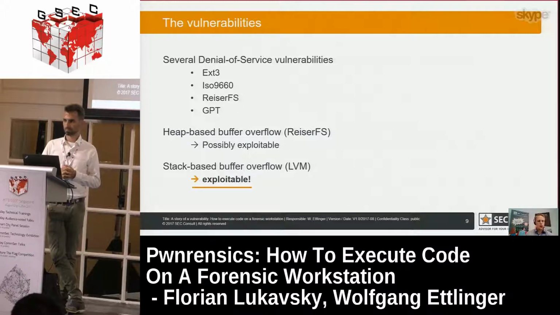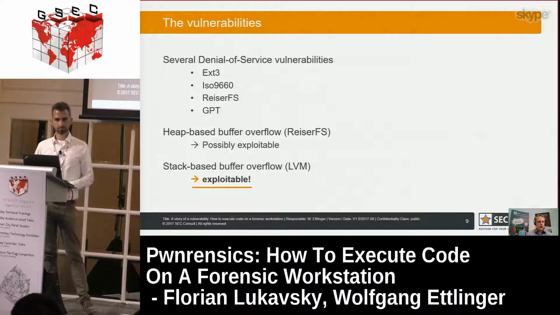An attacker, or a suspect, could potentially manipulate a disk image in a way that when a forensic investigator tries to parse one of these images, EnCase Forensic Imager simply fails.